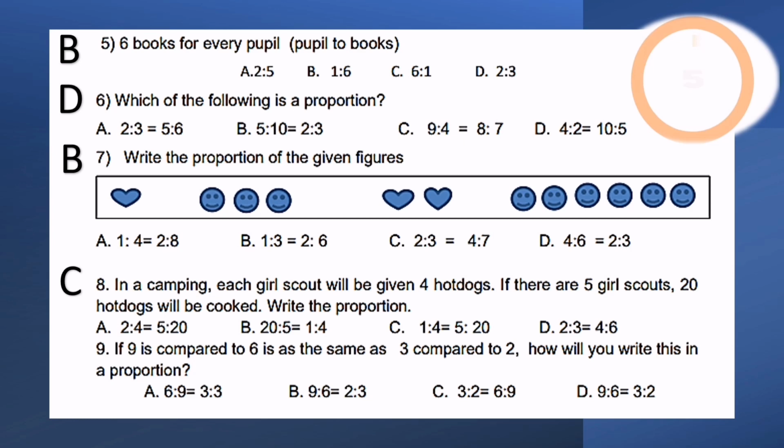Number 9. If 9 compared to 6 is the same as 3 compared to 2, how will you write this in a proportion? Timer starts now. And the answer in number 9 is letter D, 9:6 is equal to 3:2.